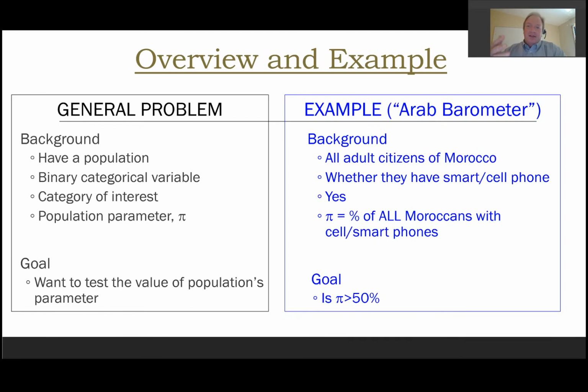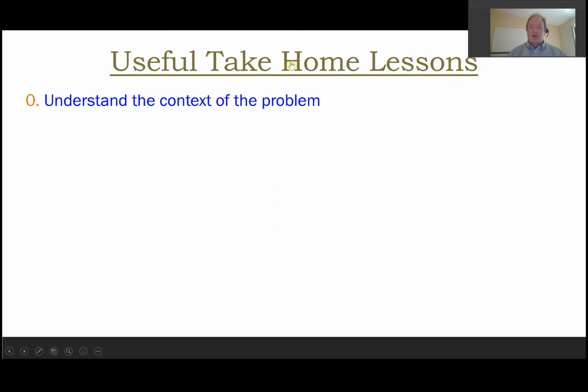And I could test whether the percentage of people in Morocco that had cell phones is greater than 50%. And so this gives you a little bit of an idea of what we're doing here in hypothesis test. But it also points out something important that you want to do when you always start any hypothesis test, which is you want to understand the context of the problem.